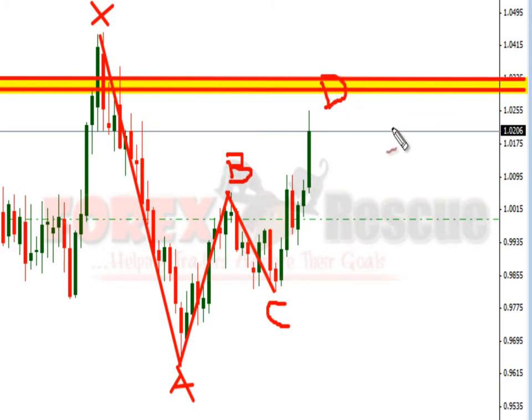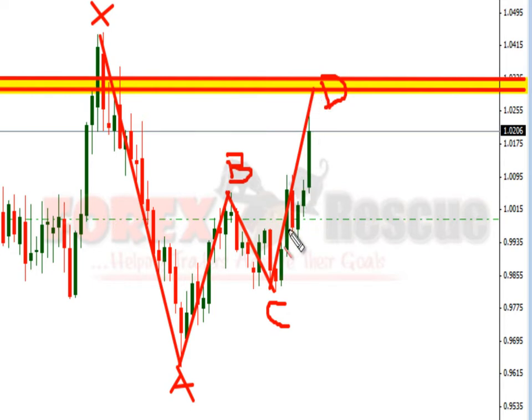Of course, my reason is that the CD leg of the emerging Gartley pattern, I'm talking about this CD leg of the emerging Gartley pattern, is yet to be fully completed, and so I will look to ride on the back of the bull until price gets to our potential reversal zone. I stated that in my last video last week.